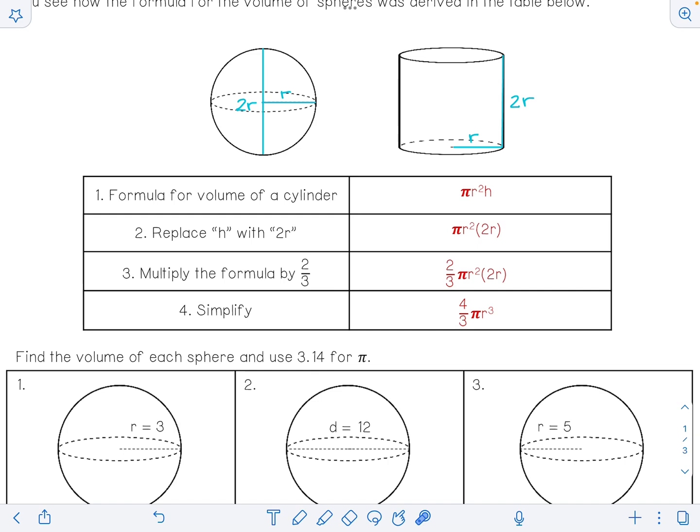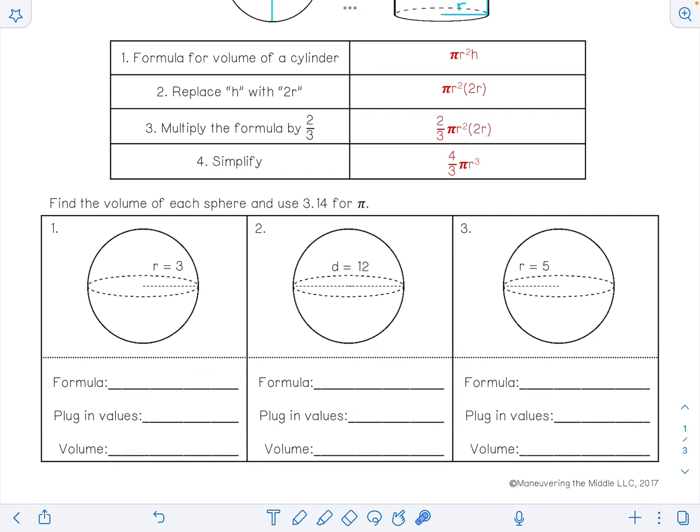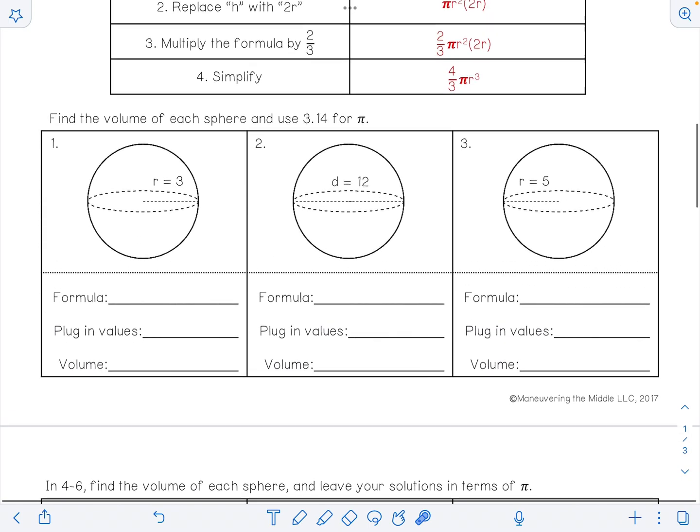And then, because we just said a sphere would be 2/3 of that, we would multiply the formula by 2/3. You would simplify, multiply the 2 and 2/3, the r squared and r, and that is how we get the 4/3 pi r cubed. That is not something that you need to know or repeat. It's just a cool little way to see how we can get the volume of a sphere from the volume of a cylinder.